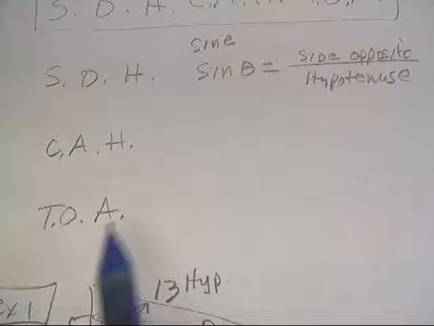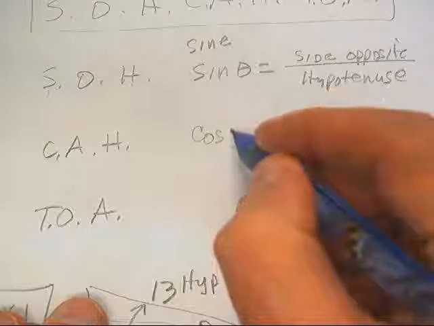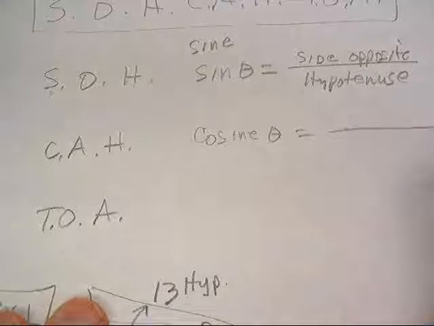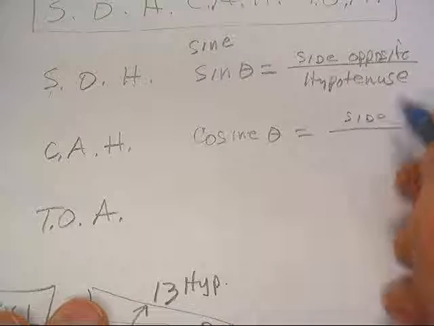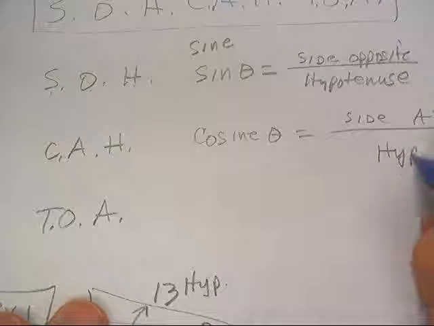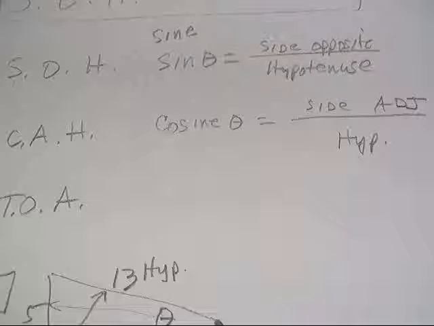Okay, so let's go back up here to CA. That's for cosine. And this is the side adjacent over the hypotenuse.